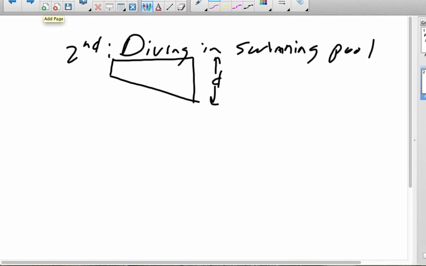All right, and this is the top of the water. If you're down here, your ears are going to feel less pressure than if you're down here, and the reason is because you've got less water on top of you here than you do here. All right, and again, the pressure it exerts is the same in all directions.